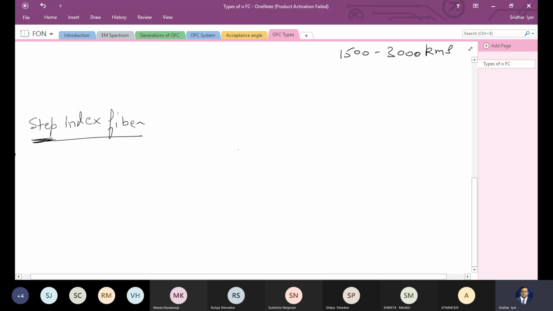That means if I move from an environment with refractive index N2 to an environment which is having a refractive index N1, and if I draw the normal like this, then there is a step increase in the refractive index. That means the profile looks like this.